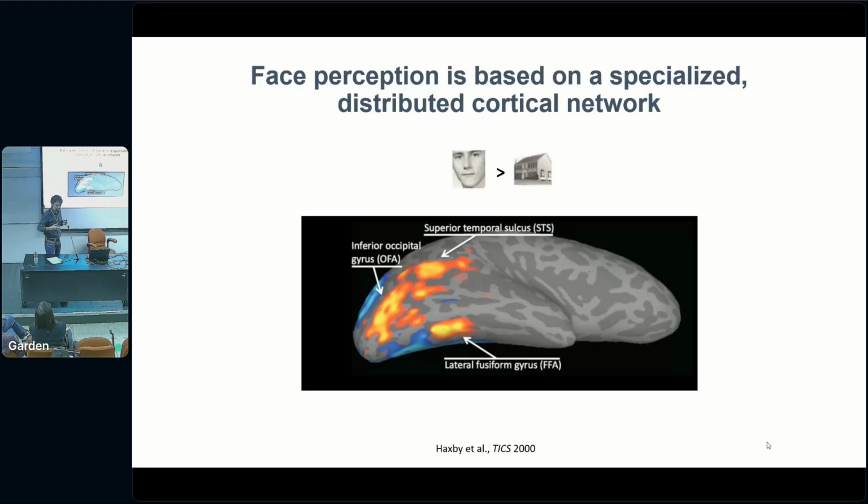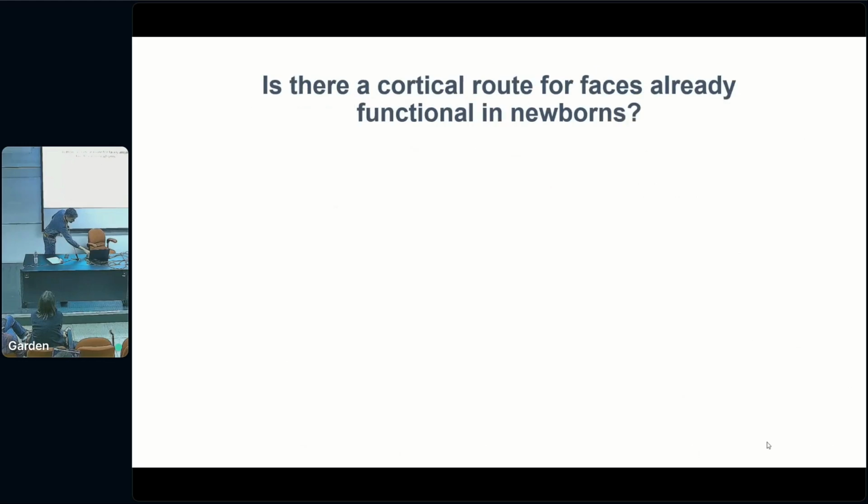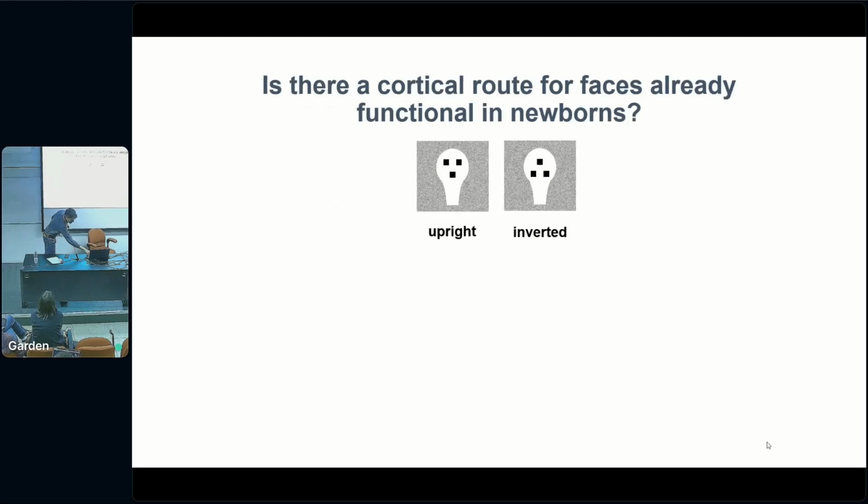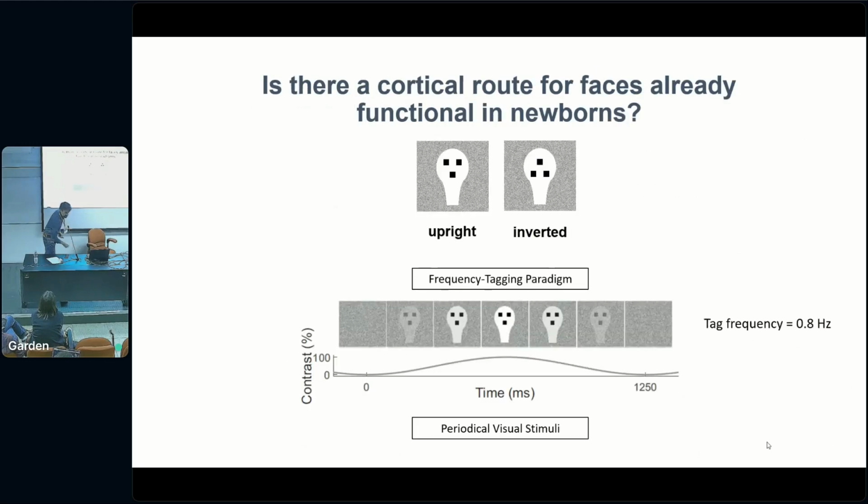Our aim was also to say something about the cortical sources of this effect, knowing that we know perfectly well how this network is organized in adults and even in older infants, and we wanted to understand whether we could say something about newborns. We presented these stimuli in blocks.